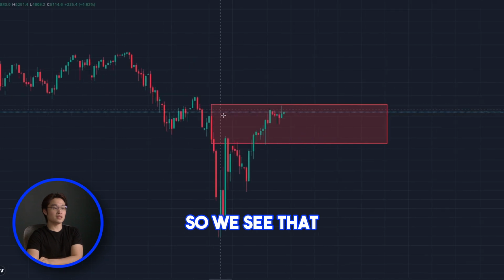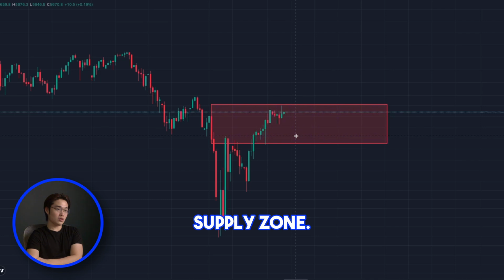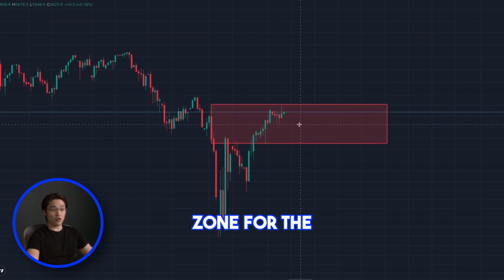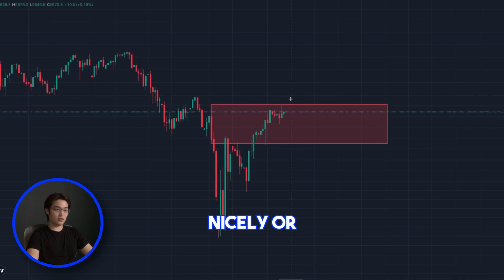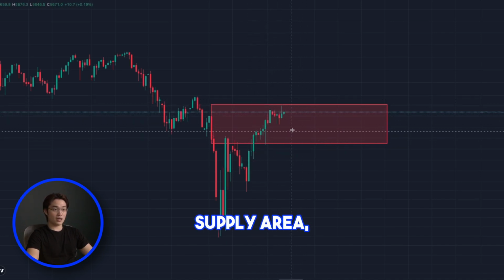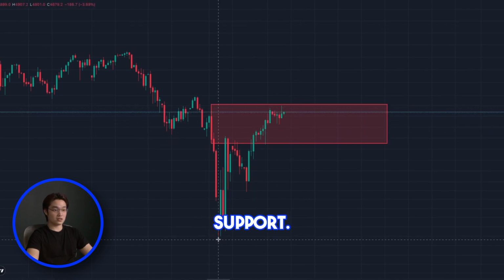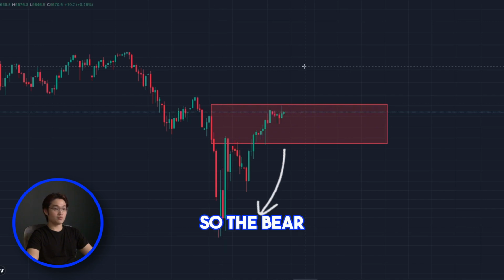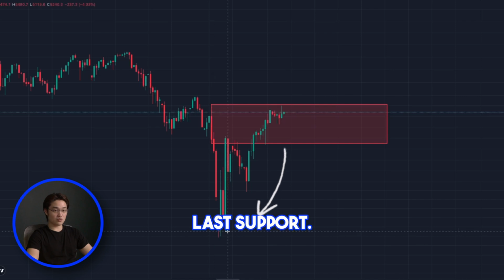The red zone is the supply area or supply zone. We will be looking for a rejection in the supply zone for the bearish move to continue its momentum. If it rejects validly on this supply area, the next target is the last support. So the bears will come to the market and hit the last support.